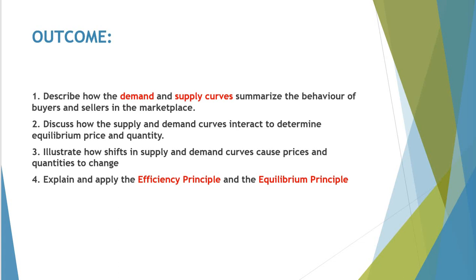And then you will be able to illustrate how shift in demand and shift in supply affect the price and the quantity. And finally, you will be able to explain and apply the efficiency principle and equilibrium principle.